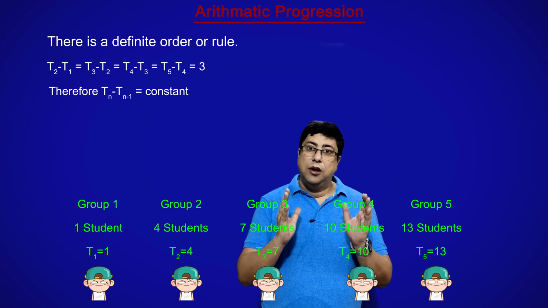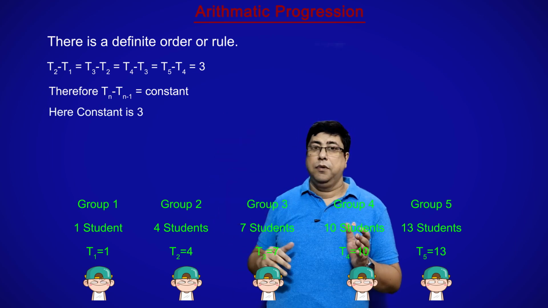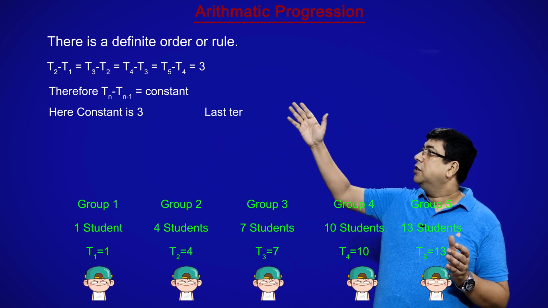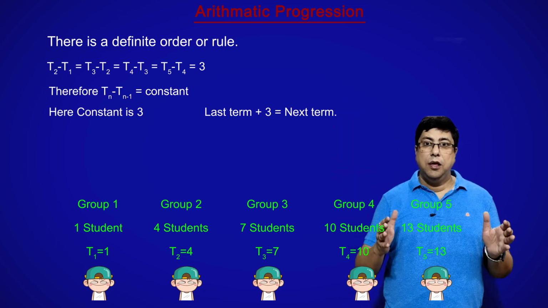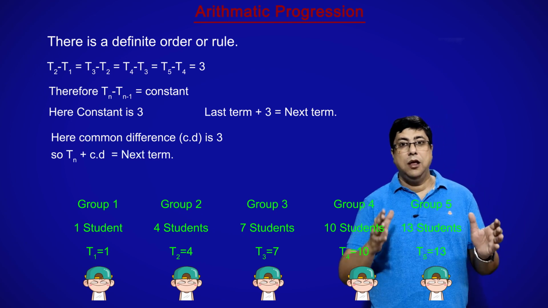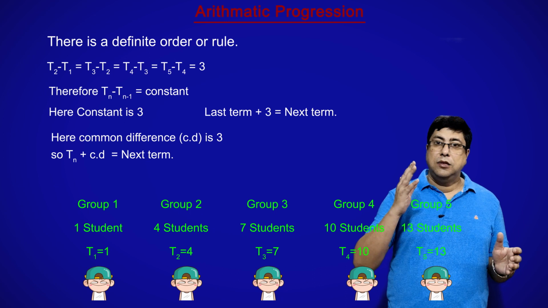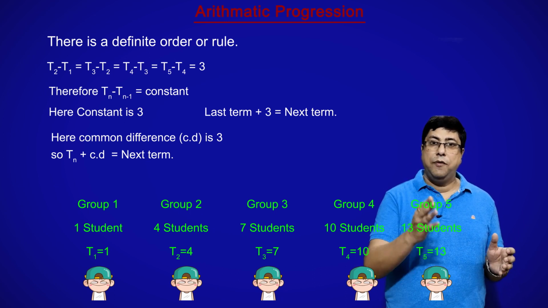So this is the definite rule. This constant value, in this case, is 3. So we can say that if we add 3 to the last term, we get the next term. So the common difference in this case is 3, and by adding 3, new terms are being formed. So this is the sequence, and a sequence always has some definite order, definite rule.